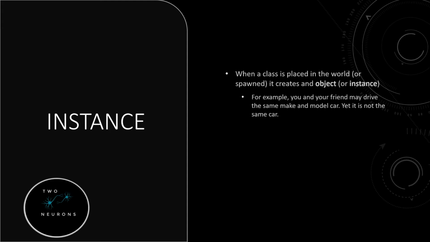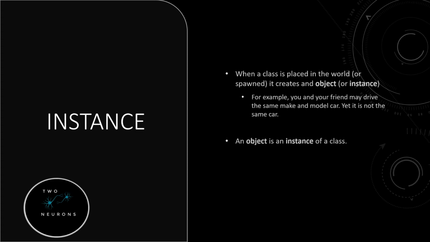I gotta stop using the car I first drove. Yet, despite you and your friend having the same car, it is not the same car. Same make and model, but they are two different cars. One doesn't cease to exist if someone else gets into it. Both cars exist, so they are both instances of that car.